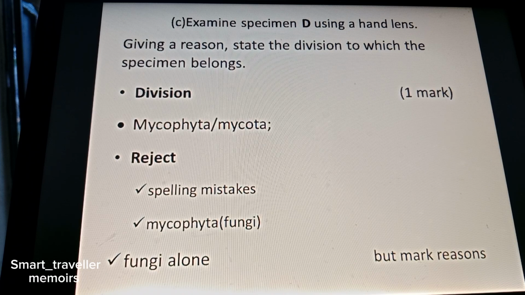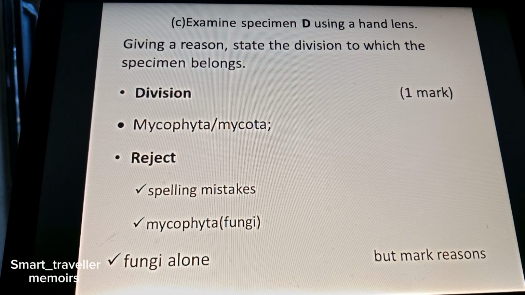Reject spelling mistake of the word mycophyta. It must be correct. In biology, you call something what it is. You don't imagine and start giving the wrong spellings. Even missing a letter is the wrong spelling.